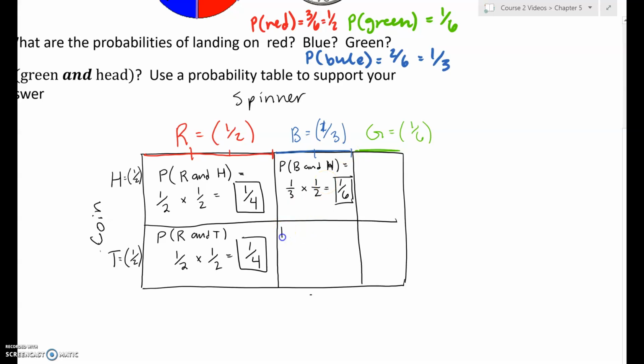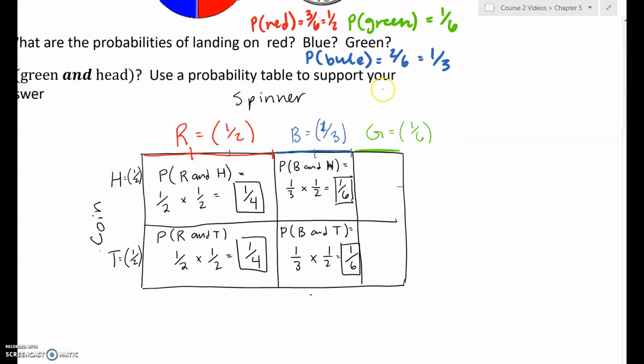And then down here, same thing, probability it's blue and tail. Probability it's blue is 1/3 times the probability of it being tail, so 1/2, which is 1/6. And then the probability that it's green and a head, so the chance it's green is 1/6, the chance it's head is a half.